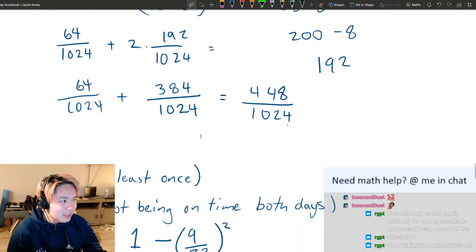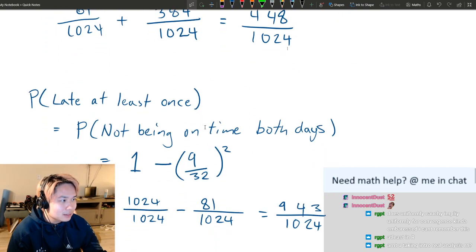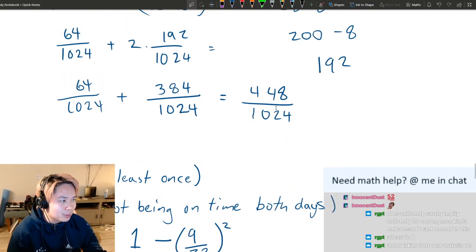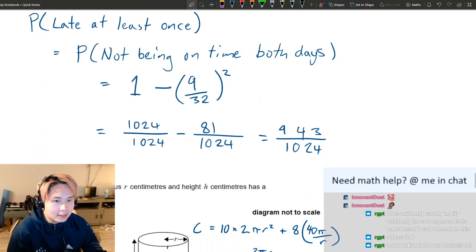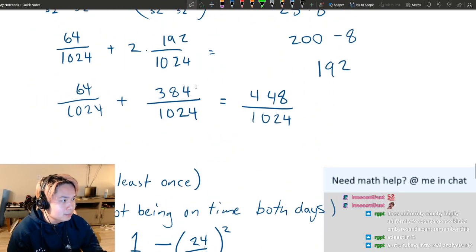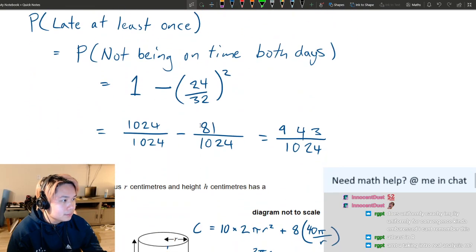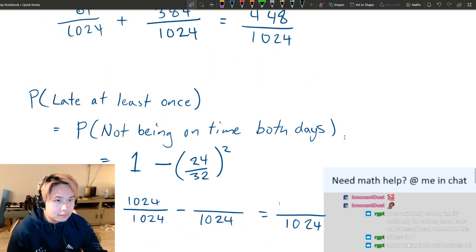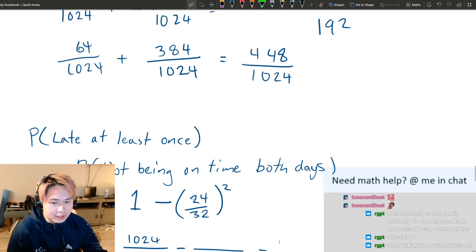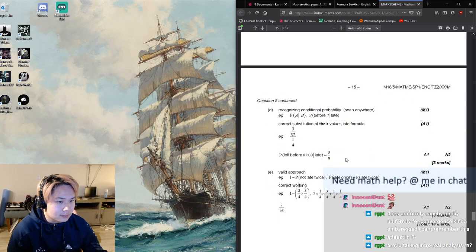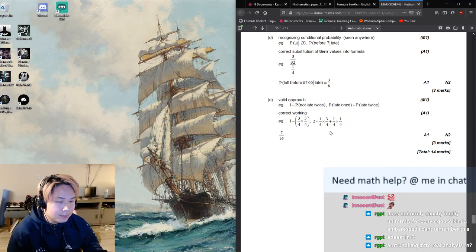Okay, does this look more right? I think this is more appropriate. And then again, you can do the same thing this way. Of course, that should be 24 squared. And you should get the same answer. So let's just double check that that is correct now. So 3 over 8, yep.